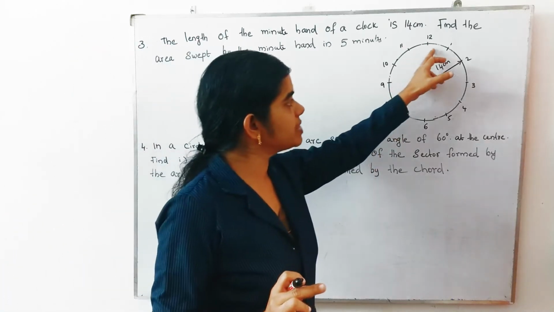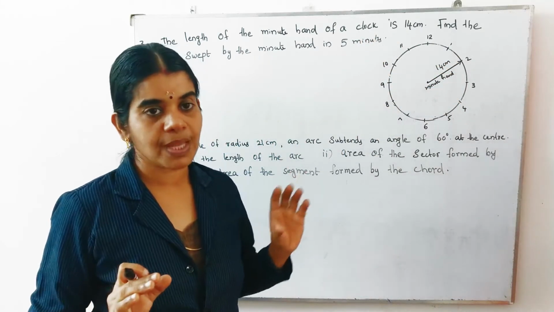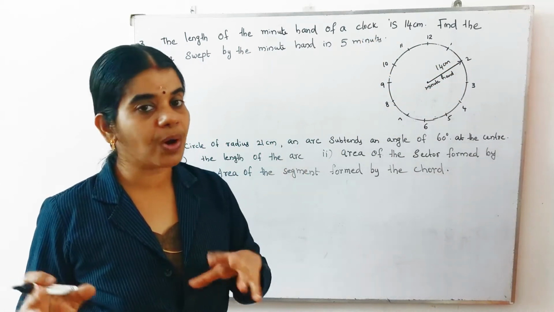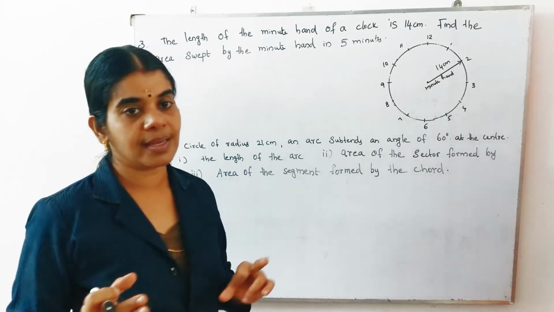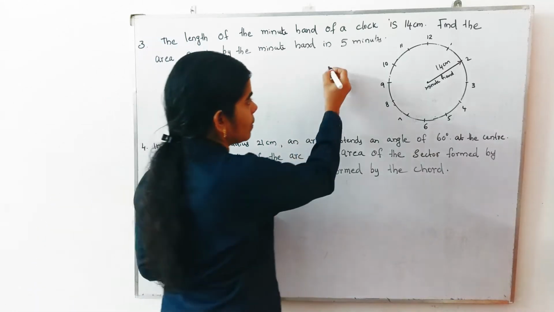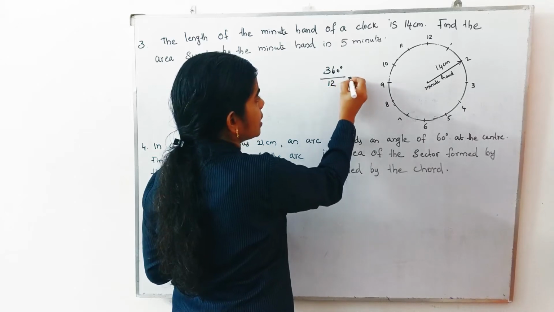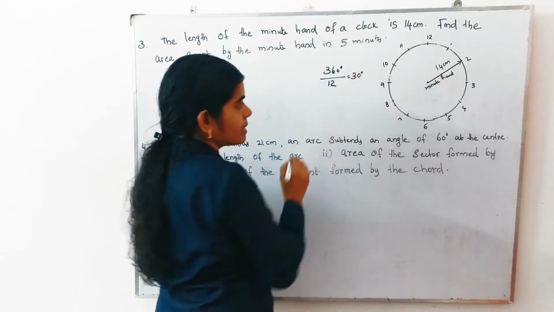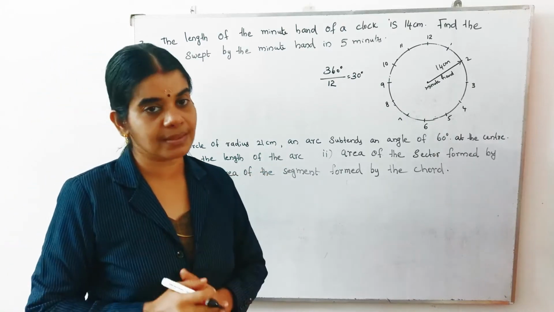You already know that in between each number, the gap is same for all. 12 to 1, 1 to 2, all will be equal. Then we can look how much degree it will be. Total degree is 360. Then 360 degree divided by 12 you will get 30 degree. So between two numbers, the degree will be 30.